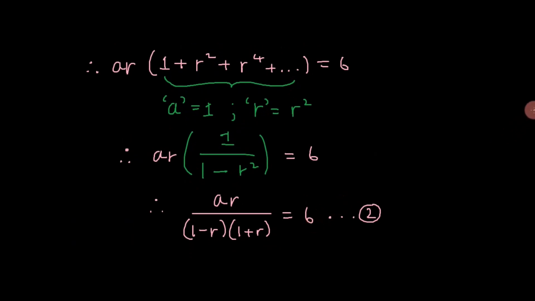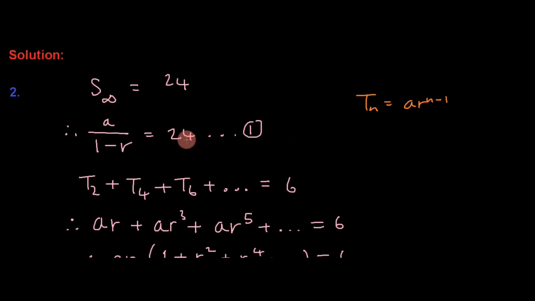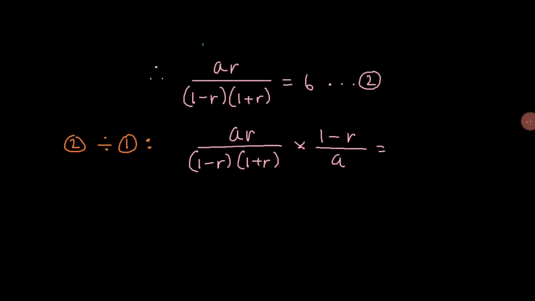So it's 6 divided by 24. So 6 over 24. The a's cancel here. 1 minus r cancels with the 1 minus r here. And we're left with r over 1 plus r on the left-hand side here.